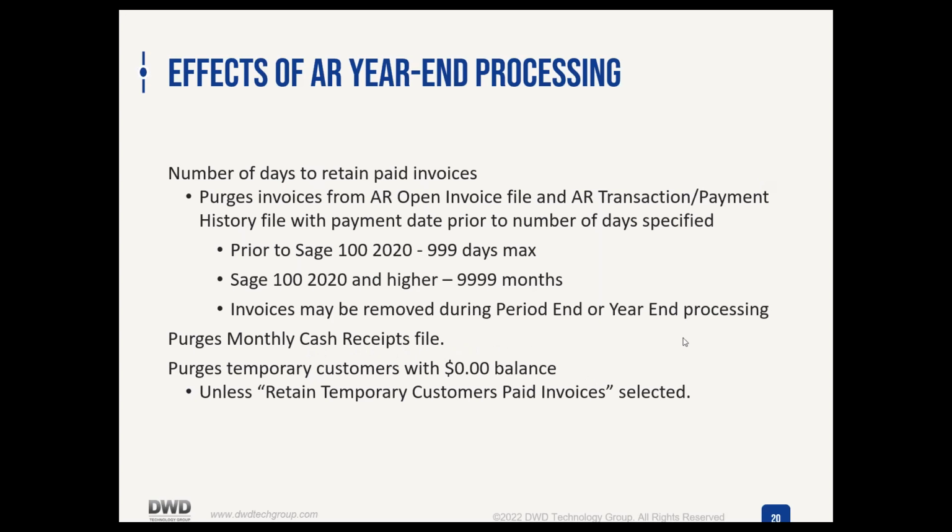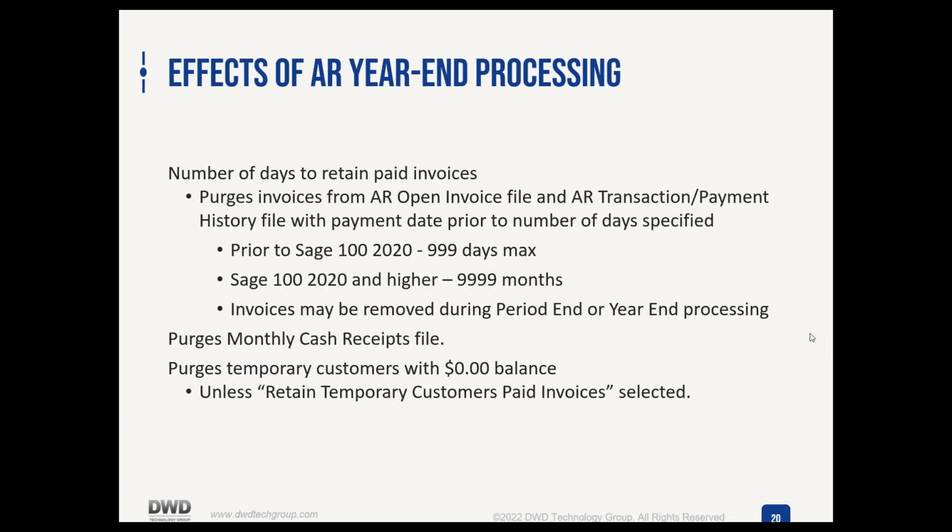Monthly cash receipts file gets purged out, and there's a concept called temporary customers. And those are customers that we can set up. We may not do continued business with them, but we want to have some substantial information, be able to process invoices for them at the end of the year.